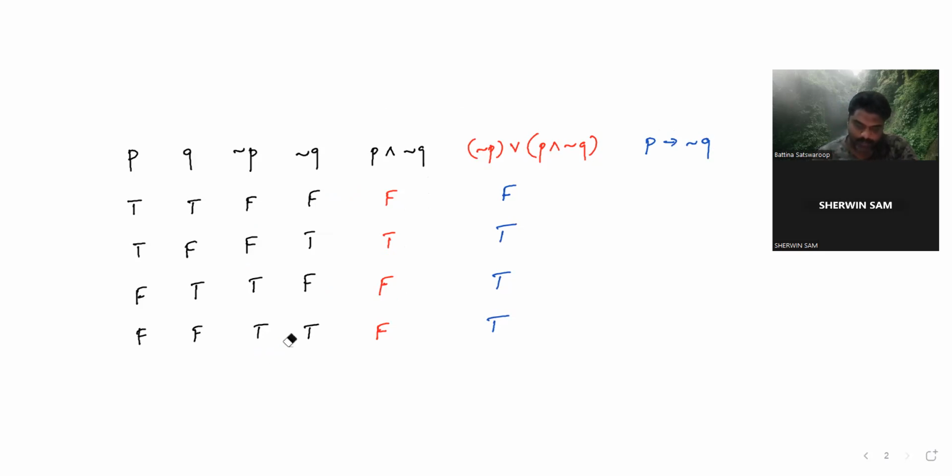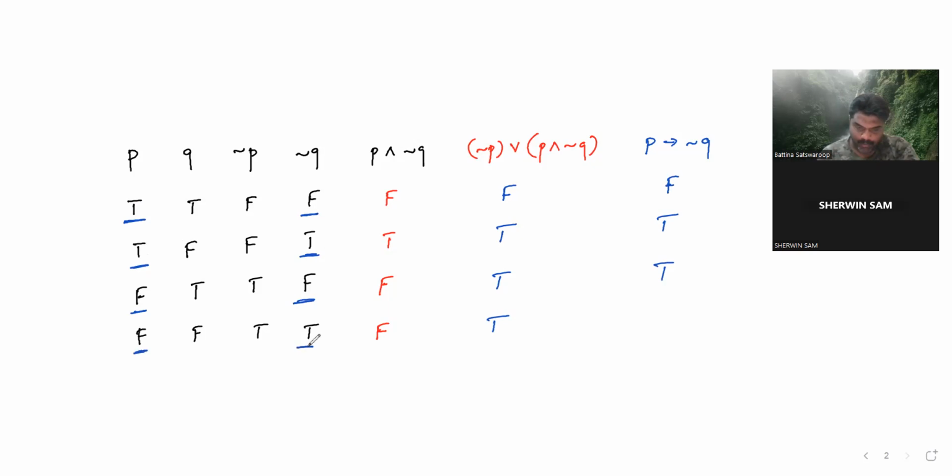What is the implication rule? See here. True implies false. Is it true? False. Because truth will always imply true only. Next, truth will imply truth. Yes, that is true. False will imply false. Yes, that is true.